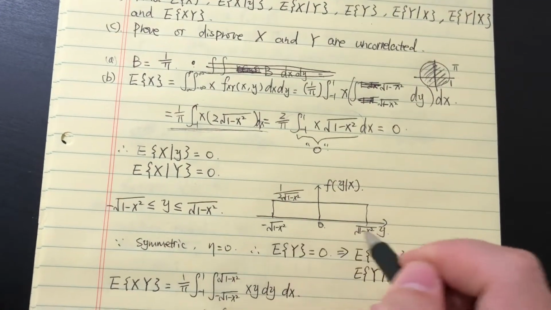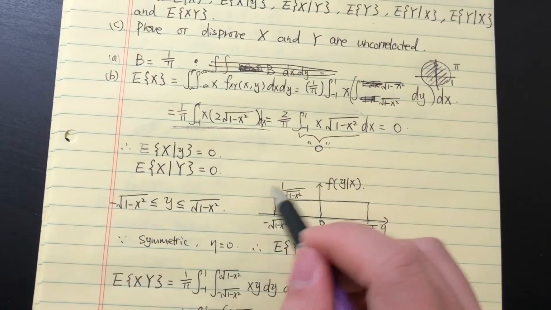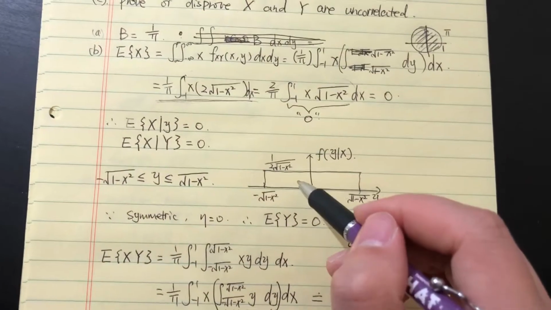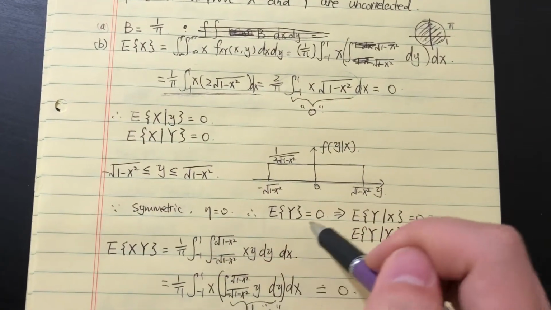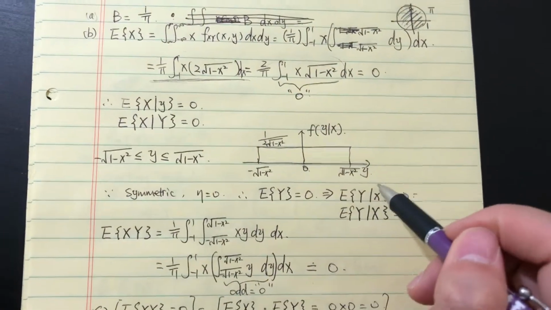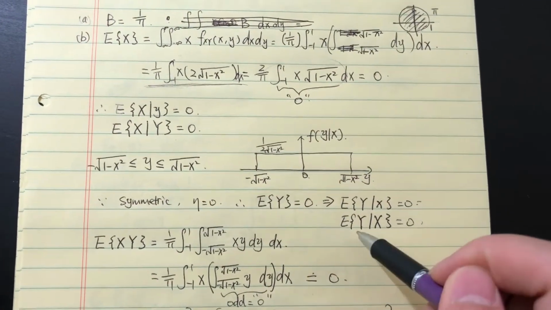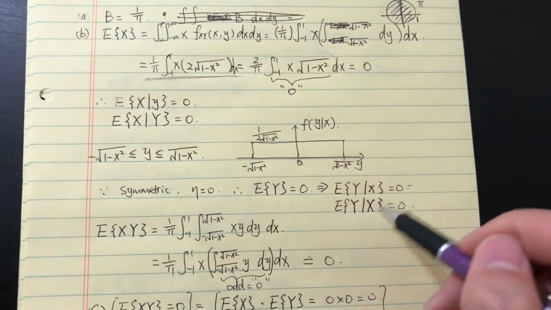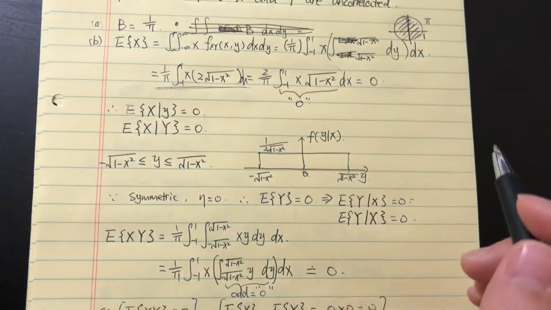In the range of these, the height is going to be 1 over 2 square root of 1 minus x squared. And due to symmetry, E[Y] is going to be 0. So similarly, E[Y given x] is equal to 0, and E[Y given the letter X] is going to be 0.